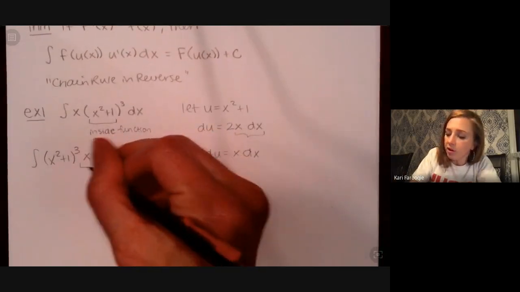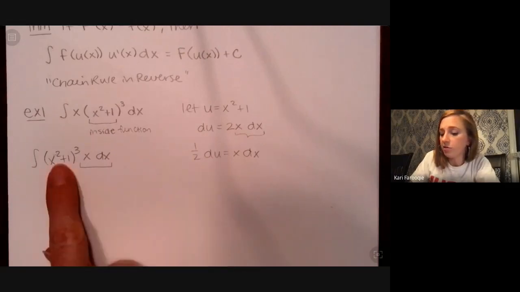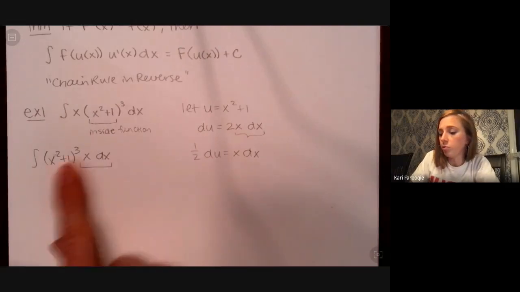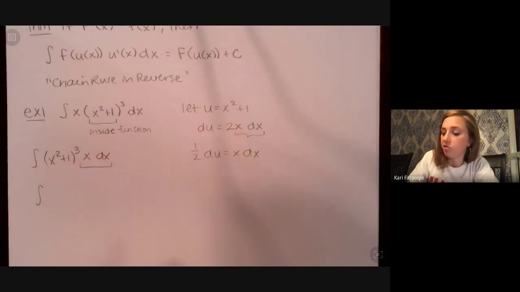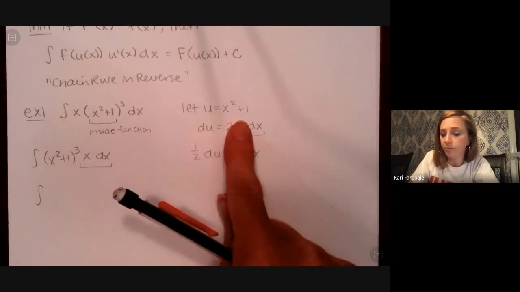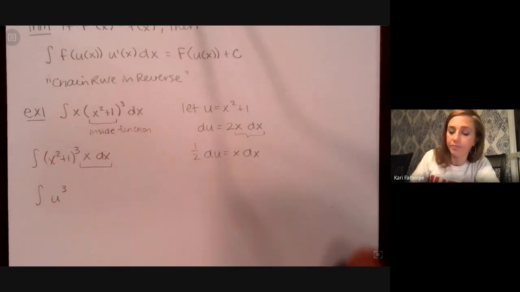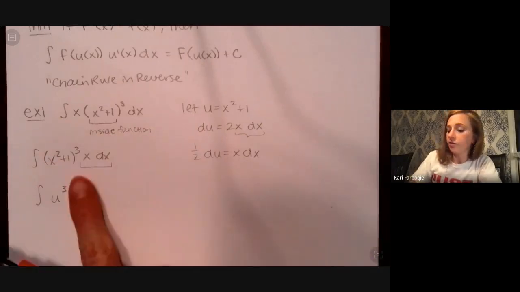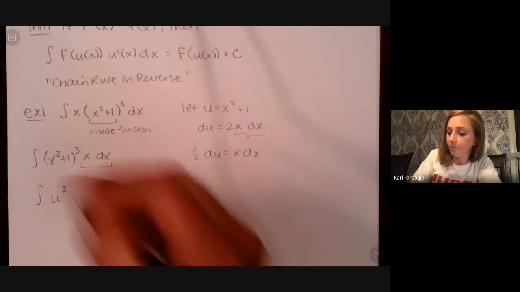So I'm going to replace x dx with 1/2 du, and I'm going to replace x squared plus 1 cubed with u cubed. So I'm just using the u substitution that I just built. So u is x squared plus 1. X squared plus 1 cubed is then going to be u cubed. And x dx is now going to be 1/2 du.